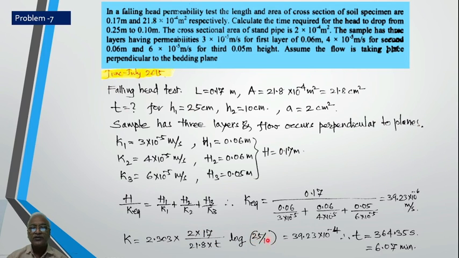Which units you use is not a matter because it cancels off. K I have substituted from here. The only unknown in this equation is T. If you find it, you will be getting 6.07 minutes. So it is a combination of stratification plus falling head permeability test.